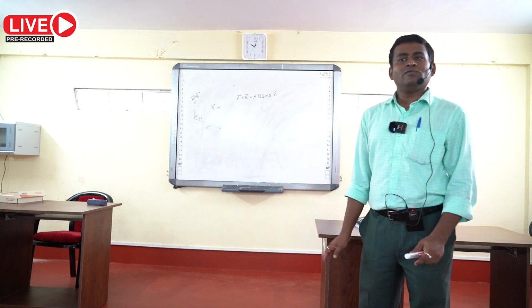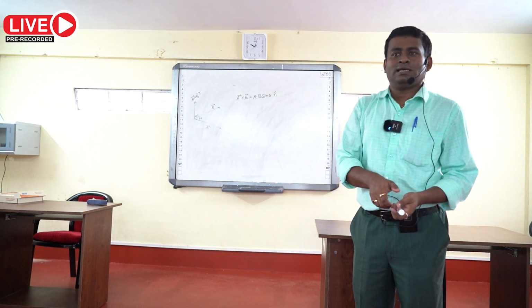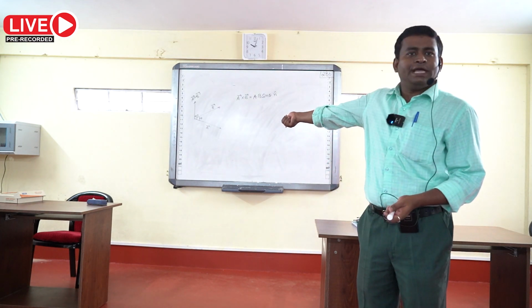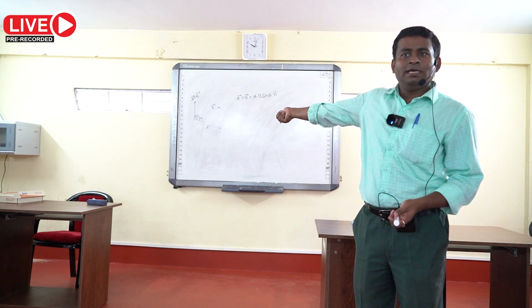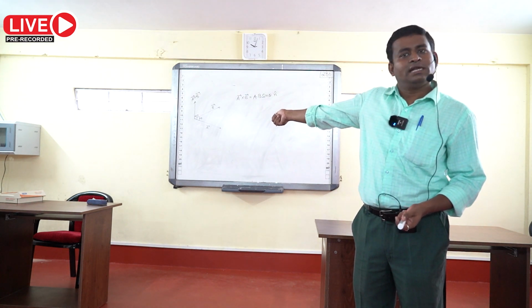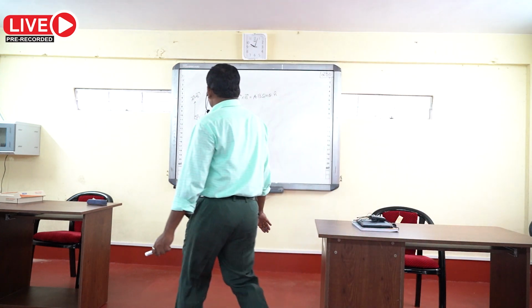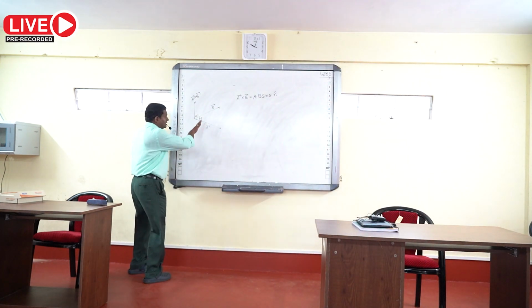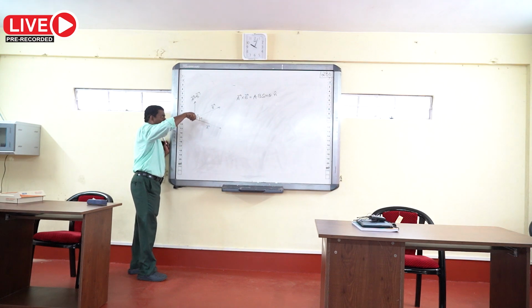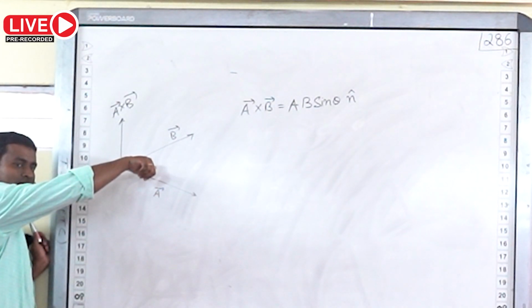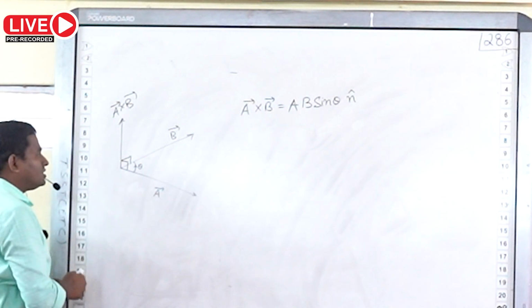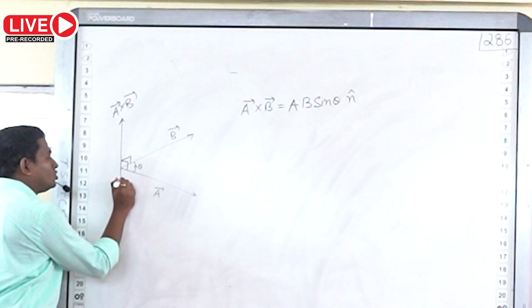Now obviously, if you are going to calculate B cross A, the finger will go inside the board, meaning the direction is changing. So B cross A in this diagram we can show in this way.